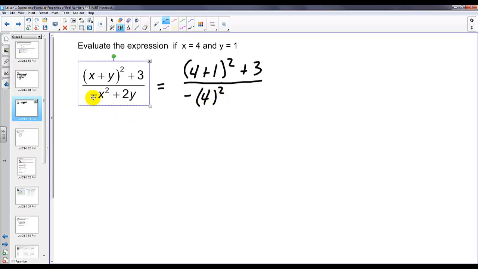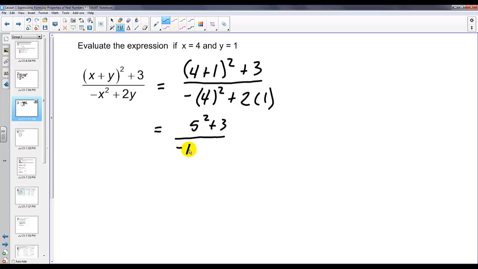Notice I put the negative on the outside, and then that's added to 2 times 1. 4 plus 1 quantity squared is 5 squared plus 3, over the opposite of 16 plus 2.